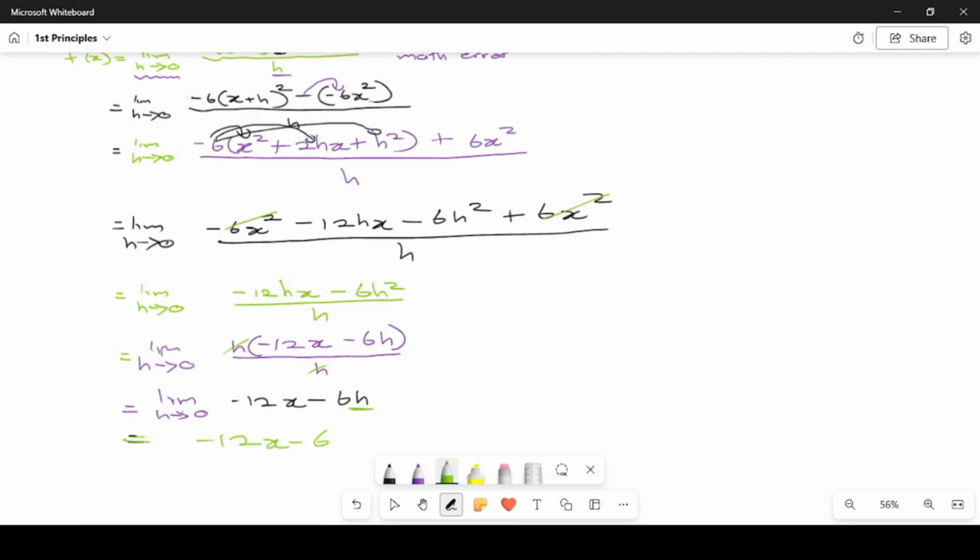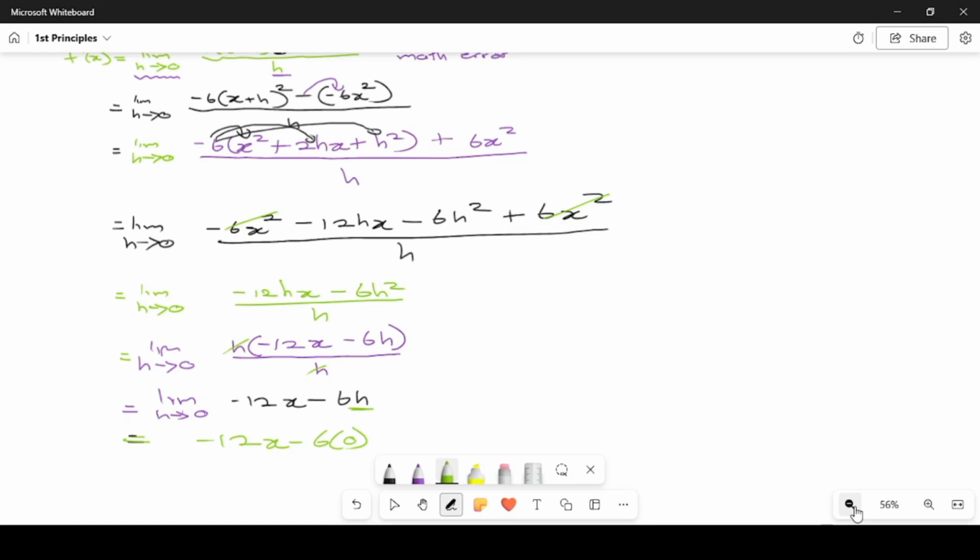We know what we get, right? We get 0. So our answer now is going to be minus 12x. This will be the final answer, and it will be useful that you just say that f prime x is equal to that.